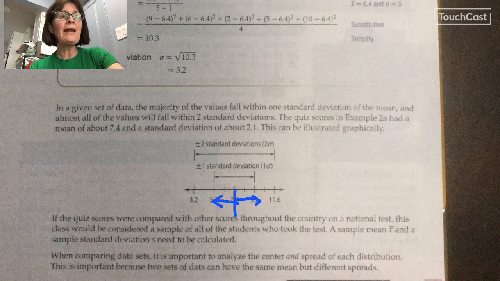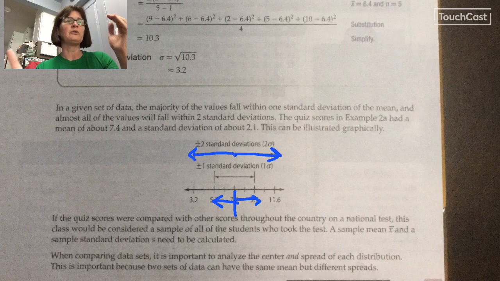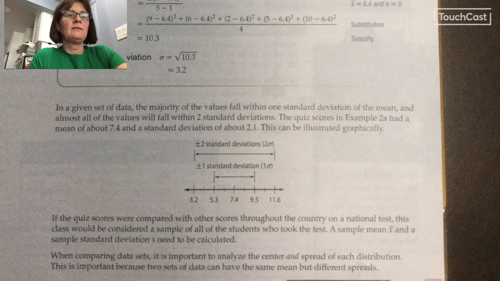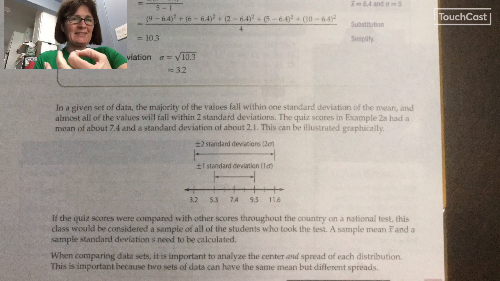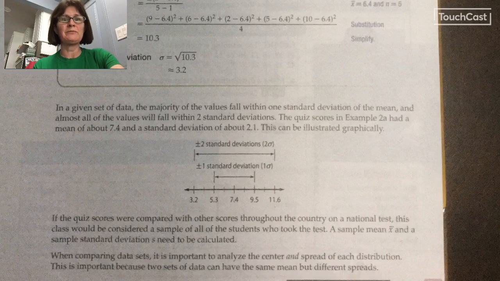And if you went out from the middle 2 standard deviations, almost all of the data falls within those limits. So from 3.2 all the way up to 11.6. And knowing that is going to give us the power to make predictions about these kinds of data sets coming up in the next several sections. It's pretty powerful. We're going to talk about your SAT scores.